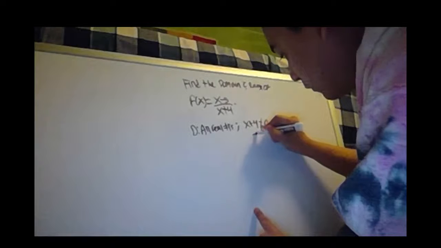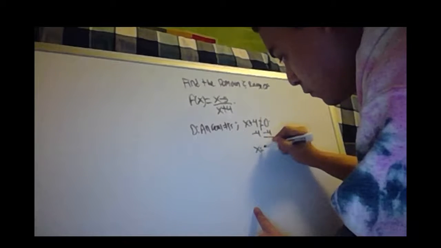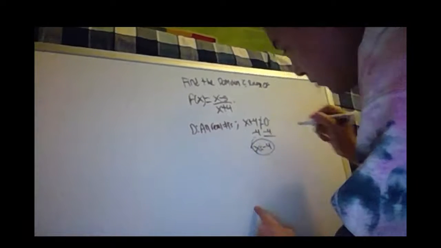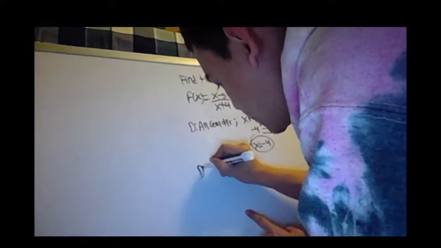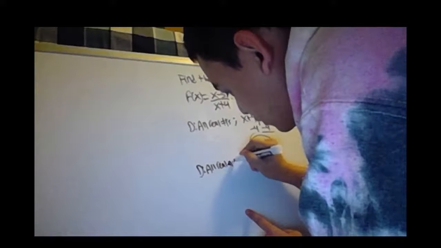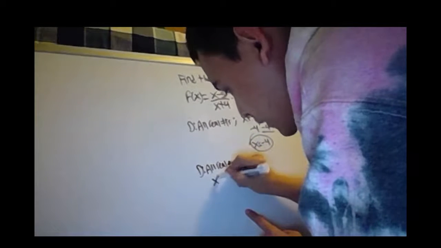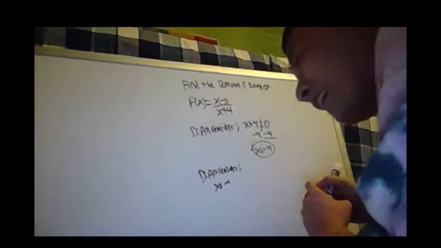Now all you have to do is solve for x. You subtract 4 on both sides, you get x equals negative 4, right? So the domain is all real numbers such that x does not equal negative 4. You can leave it like that.